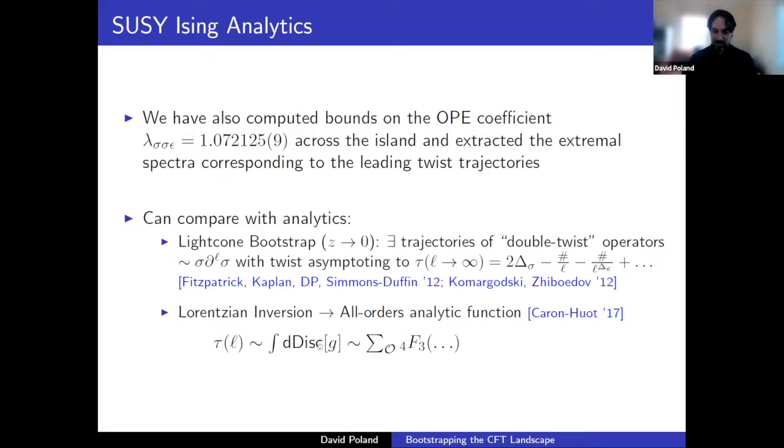In practice, these integrals can be done in terms of 4F3 hypergeometric functions. And so this gives us a powerful way to approximate analytically what the spectrum looks like.